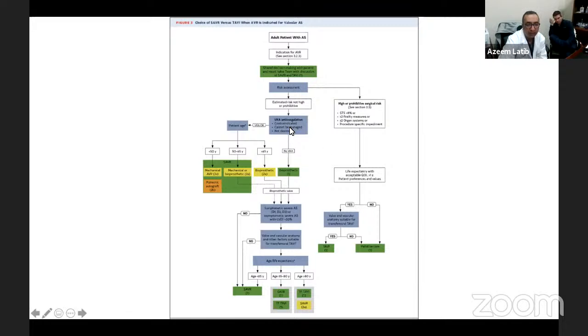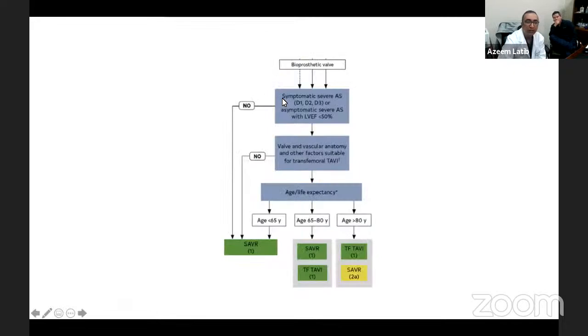And then they break it into these two other groups here, the patients who cannot take vitamin K antagonists and the patients who are older than 65. Let's just look at that group a little bit bigger. In those patients, again, the indications are the same. You see if they have a guideline indication for treating the AS. Is it severe AS?